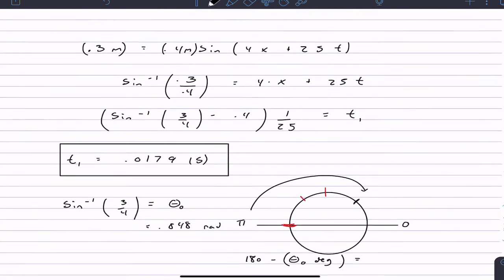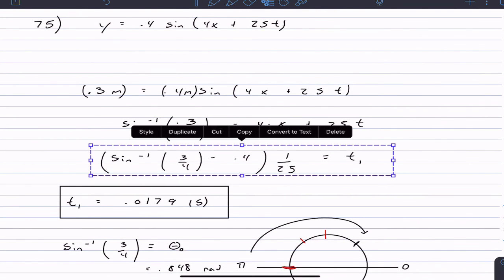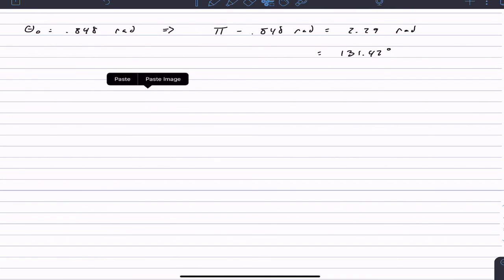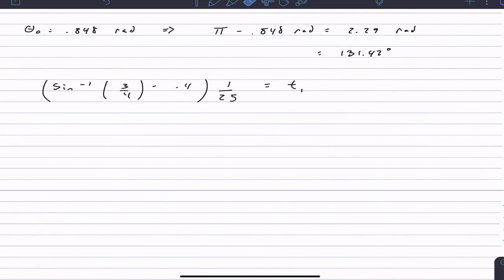So okay, let's do that. Where's our function? This is the thing that we want. So this was for the first time, right? This gave us 0.848 radians, and now we just found another value, 2.29 radians minus, right, we had minus 0.4. This is fine if we just leave it unitless.